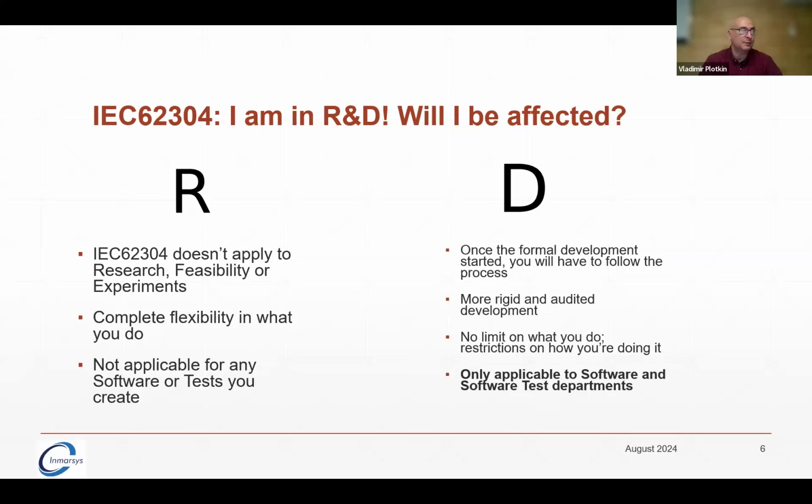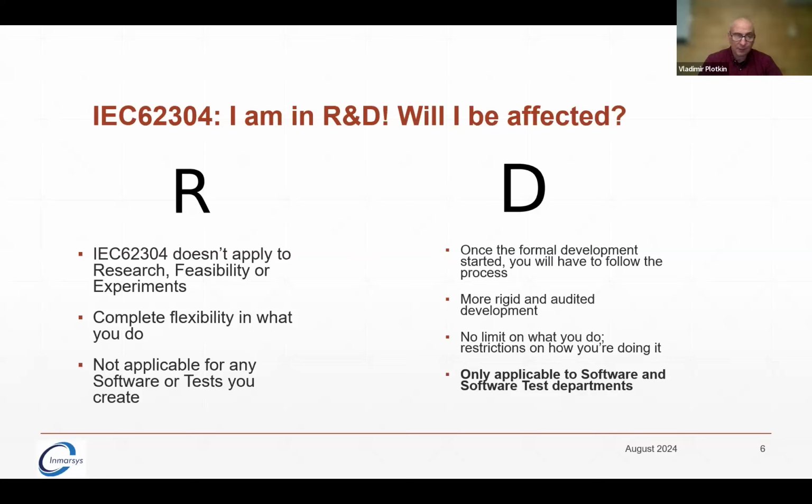So when you're creating your prototype or doing your proof of concept, it's okay to not have this standard in mind. It's better if you do, because then we will be able to reuse some of the software used in the feasibility study, using prototypes in your final device, but the standard doesn't really apply to that phase.